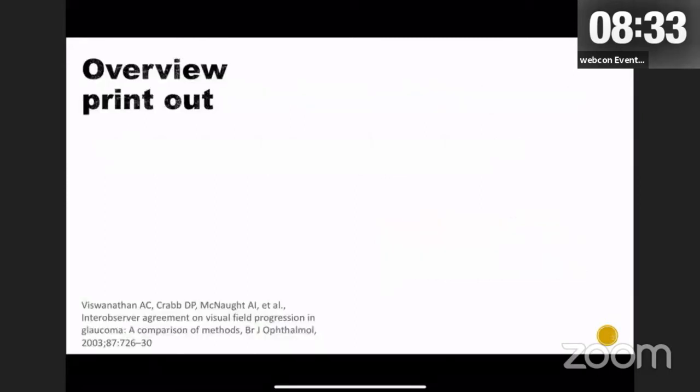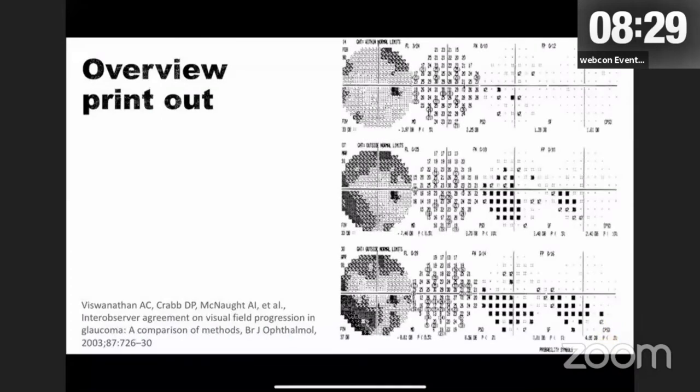And therefore, all the data have been compiled in a single overview printout, where the first two fields are used as a baseline, and subsequently we can see that it has a grayscale, numeric data, total deviation plot, and pattern deviation plot. Besides, it also has reliability indices and global indices.